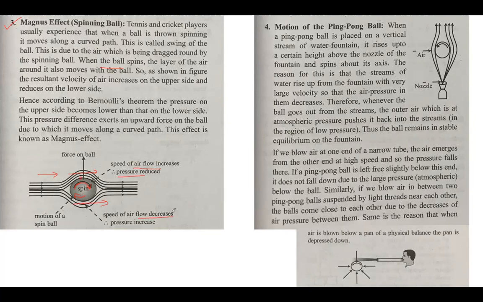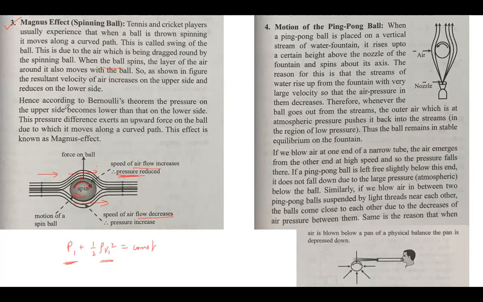Now by Bernoulli's theorem we know that if speed is high, pressure will be reduced. We know that P1 plus half rho V1 square is equal to constant. So if V1 is more, P1 will be less. So pressure here is less and pressure at the bottom is more.